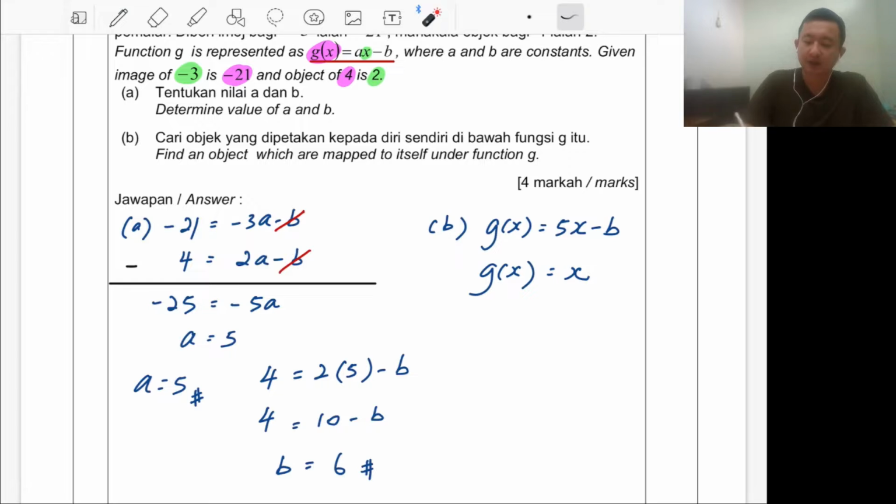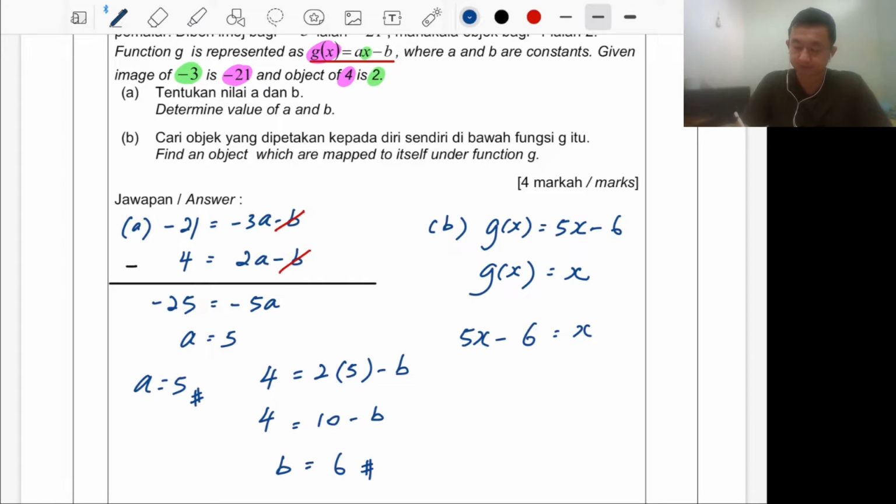Since g(x) is 5x - b, oh, it's not b anymore, it's 6, right? So 5x - 6 equals x. And find the value of x. So it should be 3/2.